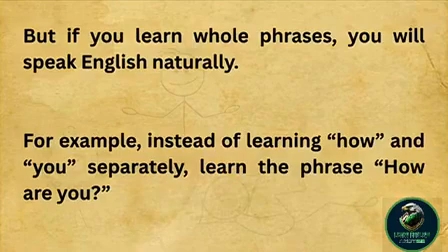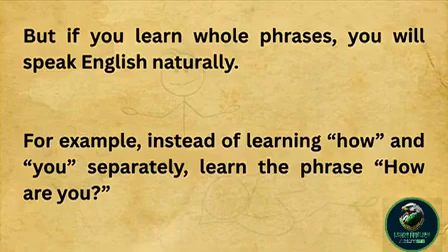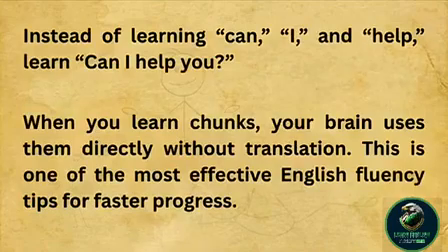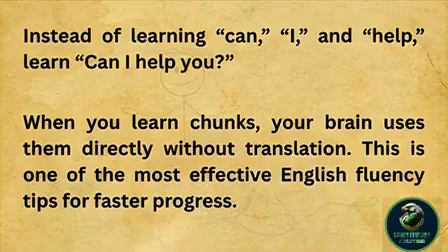For example, instead of learning how and you separately, learn the phrase, "How are you?" Instead of learning can, I, and help, learn, "Can I help you?" When you learn chunks, your brain uses them directly without translation. This is one of the most effective English fluency tips for faster progress.